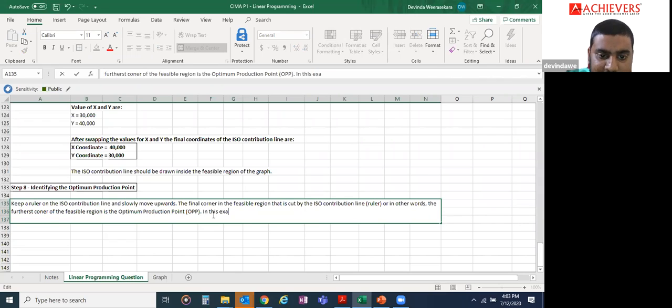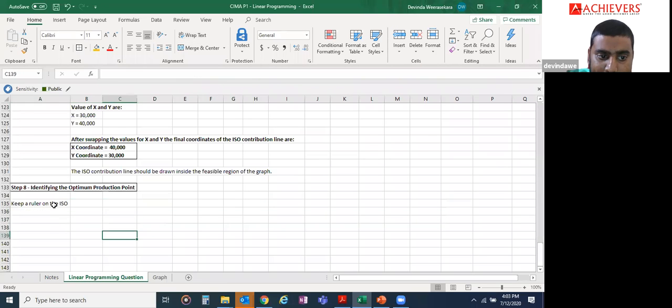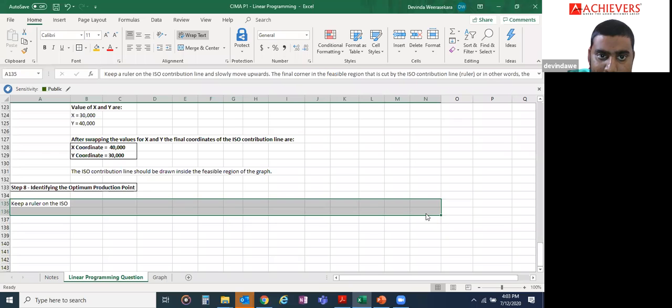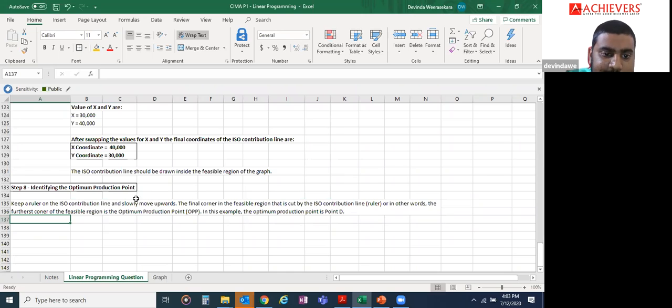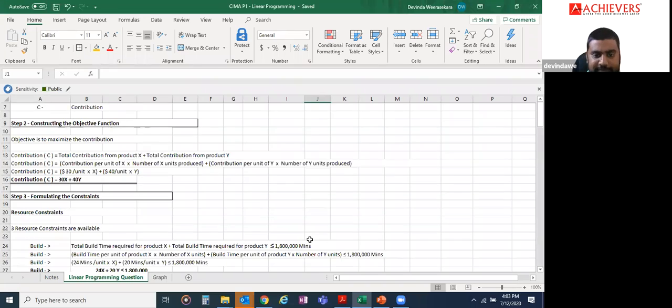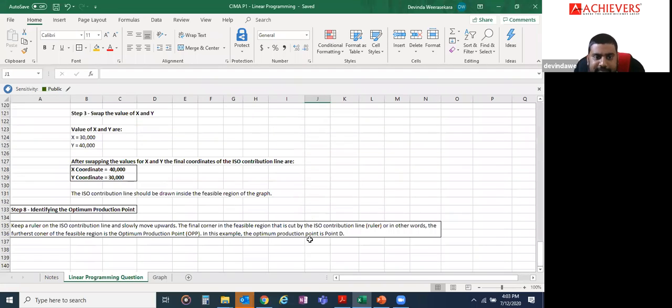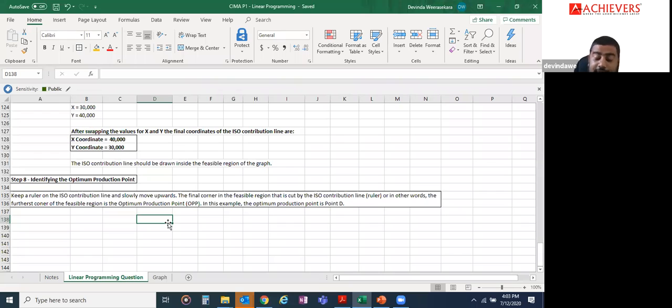In this example, the optimum production point is point D. Take this note down, guys.